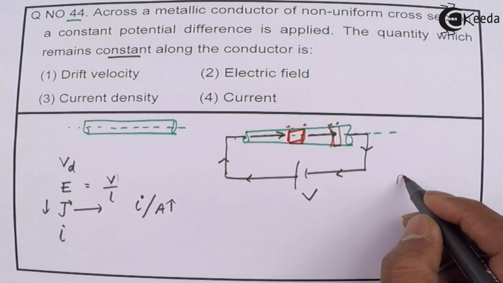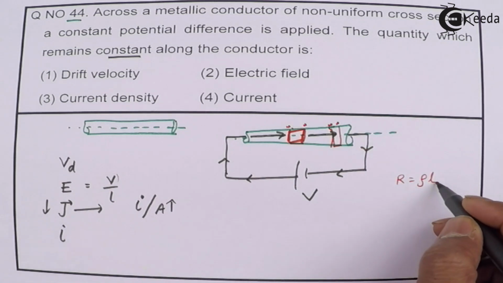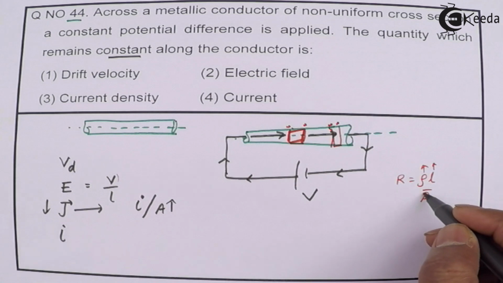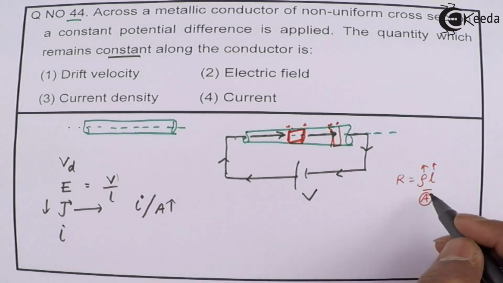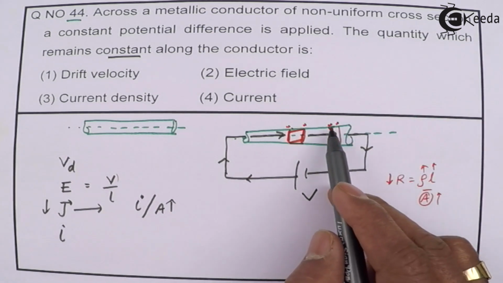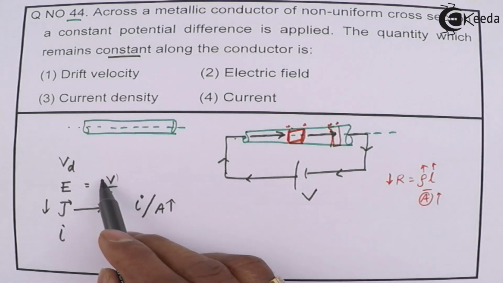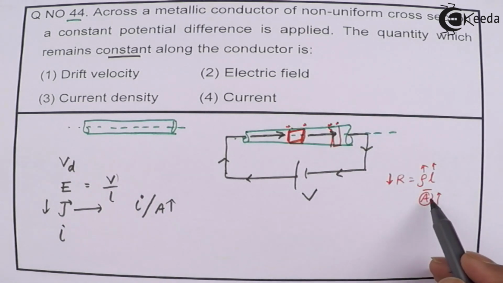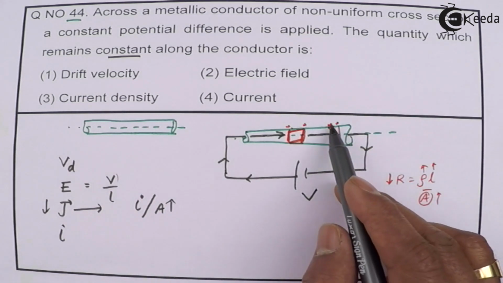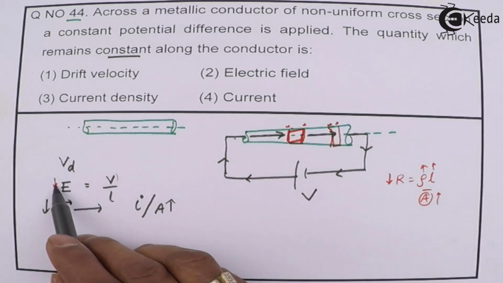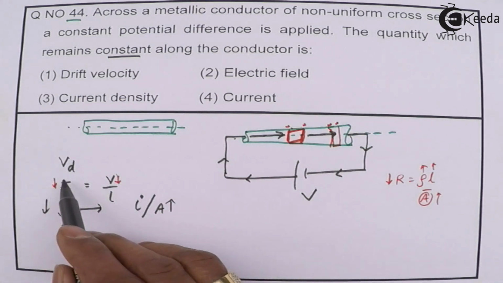Resistance is given by rho L over A. Rho is constant, L I take constant, but the area of cross-section is different. Where the area is more, the resistance will drop, so the potential drop will decrease too. So the electric field is also changing.